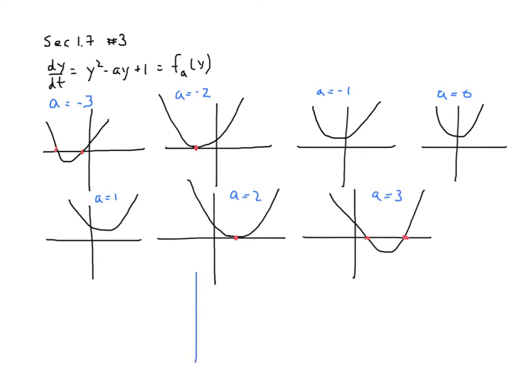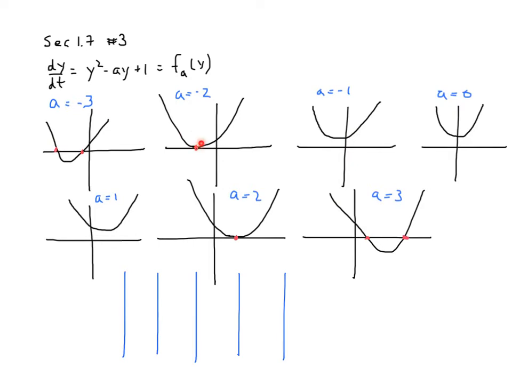So what I'm observing is that at a is equal to -2 and a is equal to 2, we have qualitative changes in the behavior of the solutions, because when a is smaller than -2, I'll always be in a case where I have two equilibrium points.